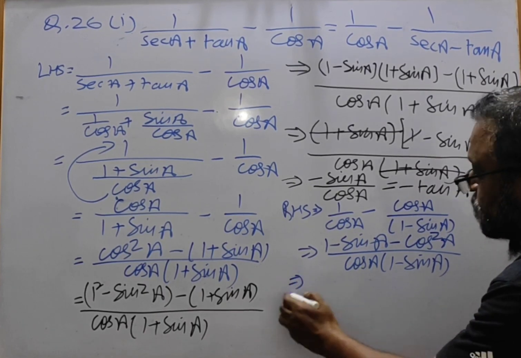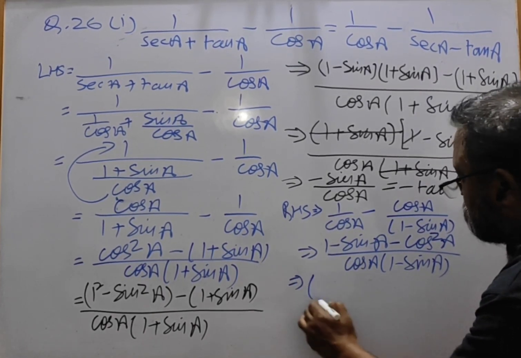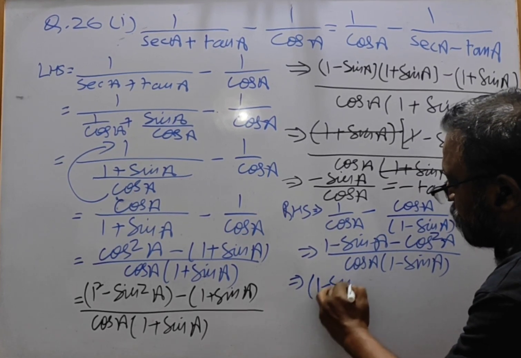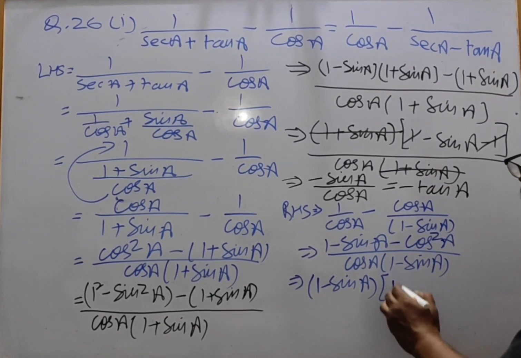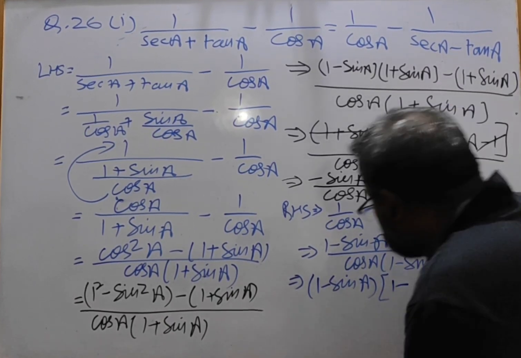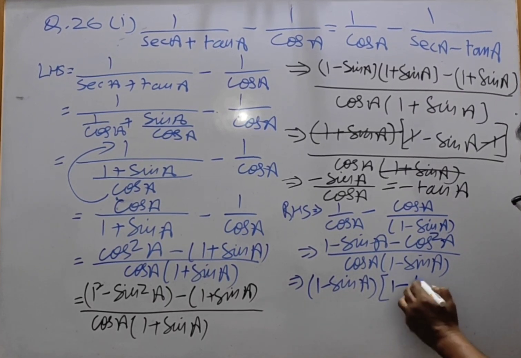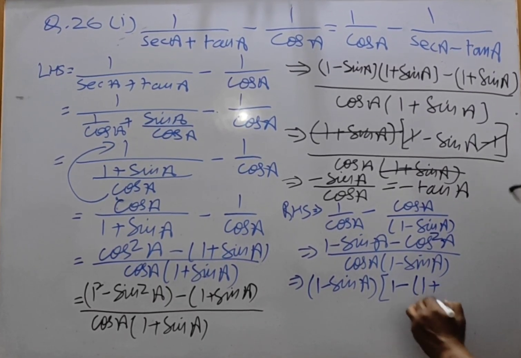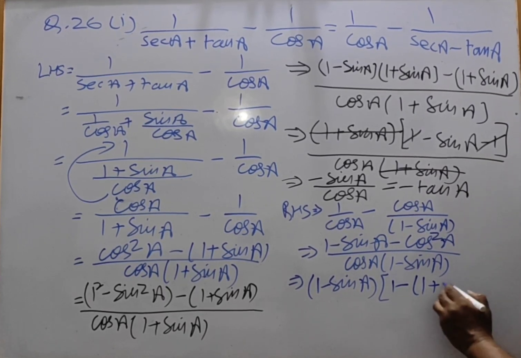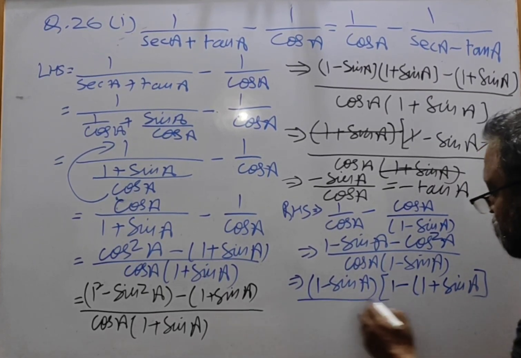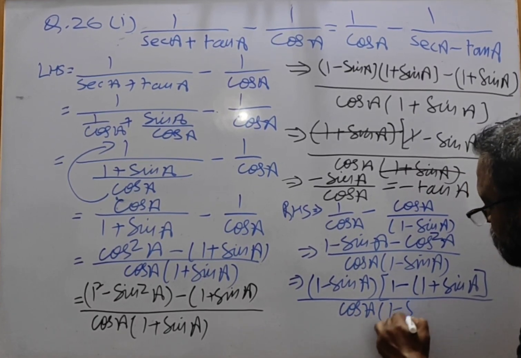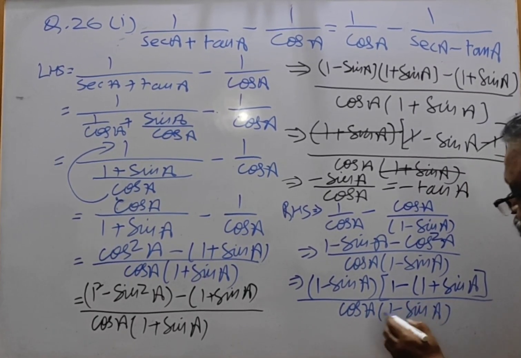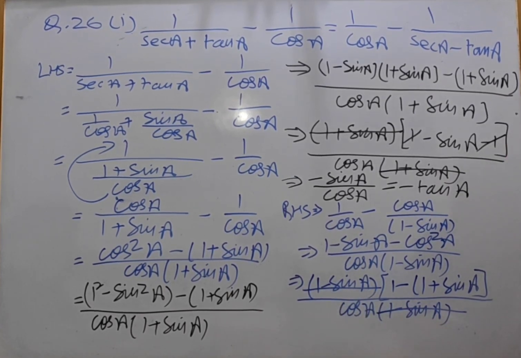In the same process, we can take 1 minus sin A as common, and it becomes 1 minus 1 plus sin A upon cos A bracket 1 minus sin A. This 1 minus sin A cancels out.